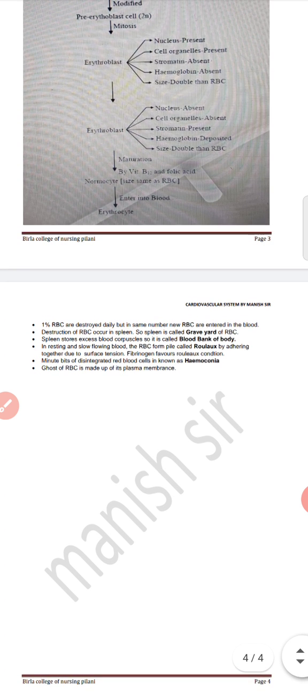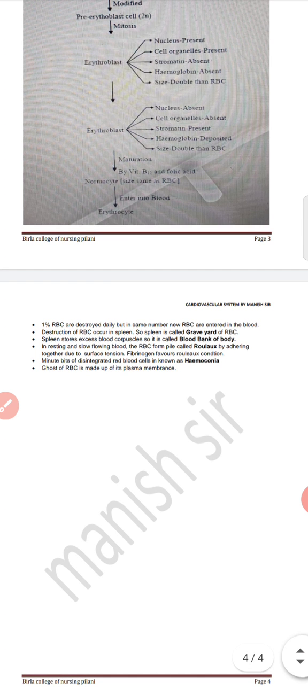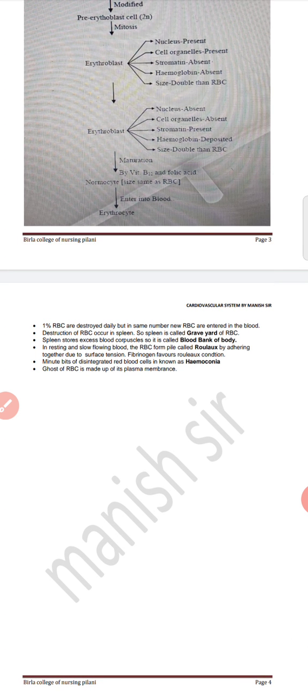The spleen stores excess blood corpuscles, so it is called the blood bank of the body. In resting and slow flowing blood, the RBCs form rouleaux by adhering together due to surface tension.